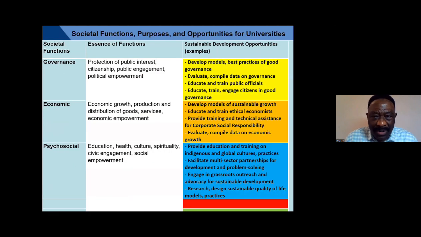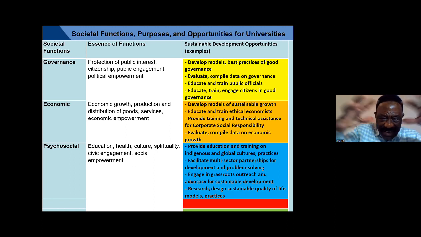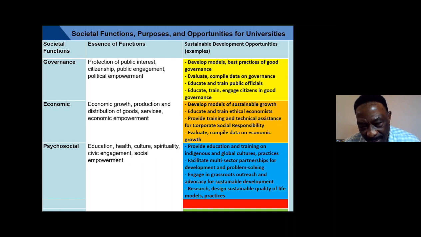All right. Now, the essence of this slide, and this is the key takeaway here, the KTA for all of us on this platform. The last column with all the beautiful colors talks about opportunities for universities in this multi-directional partnership so that we can become more credible, we can become more valuable, and we can become more, if you will, critical agents of change.